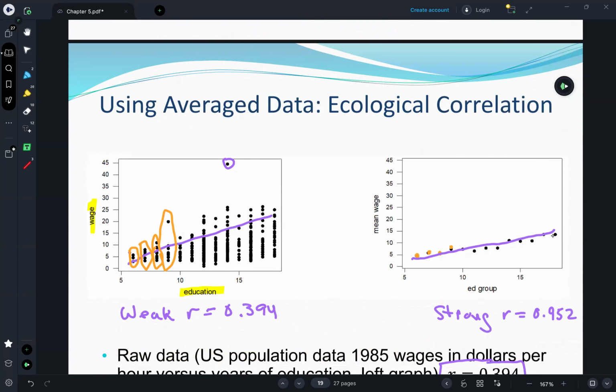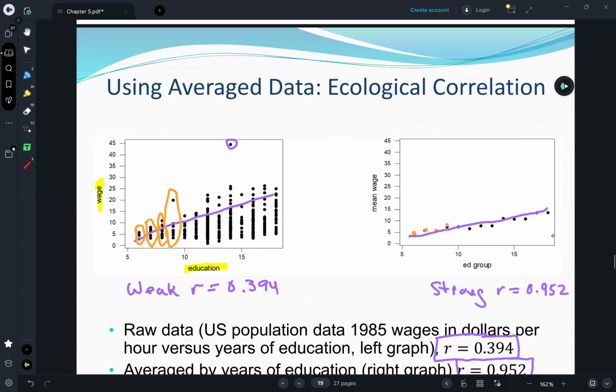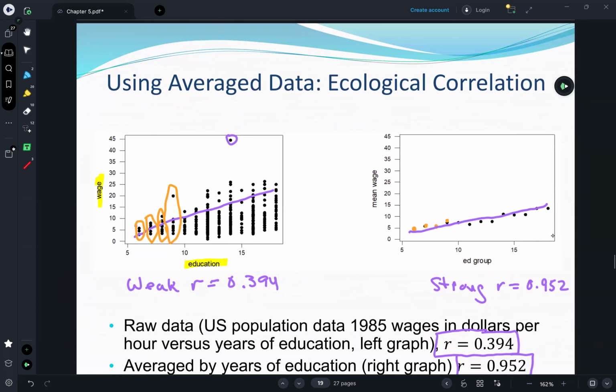All right. Ecological correlation is shown in the left graph. Each group I have circled in orange is a group of points. On the horizontal axis, our X is education, and we have wage on the vertical.